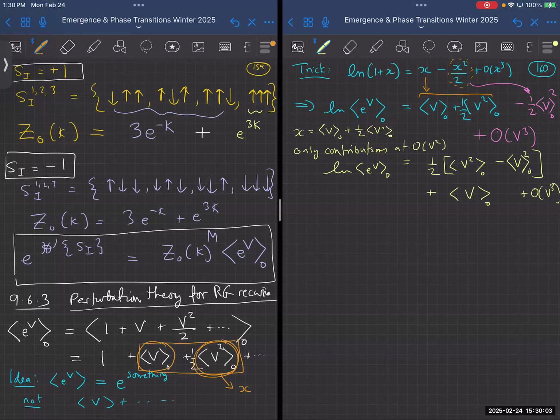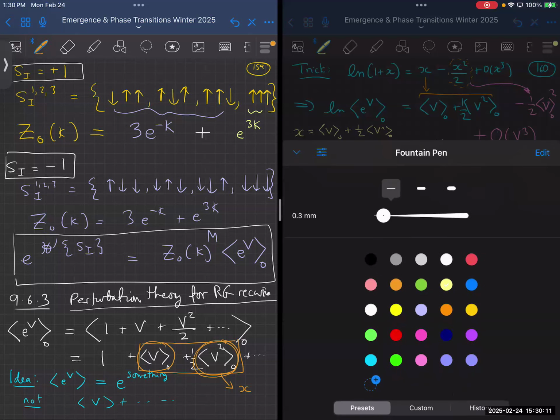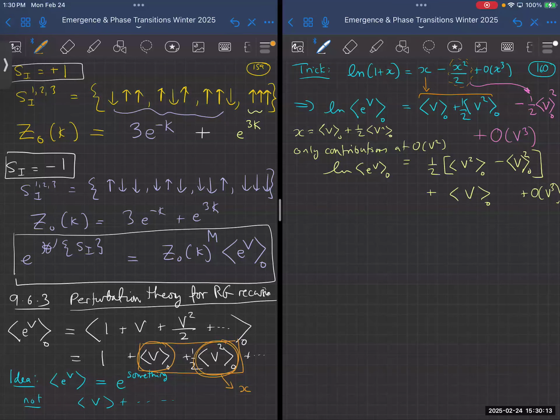So in the end, then, let me change color. What we have is that the expectation value of e to the V is equal to e to the expectation value of V plus 1/2 the expectation value of V squared minus the expectation value of V, squared.